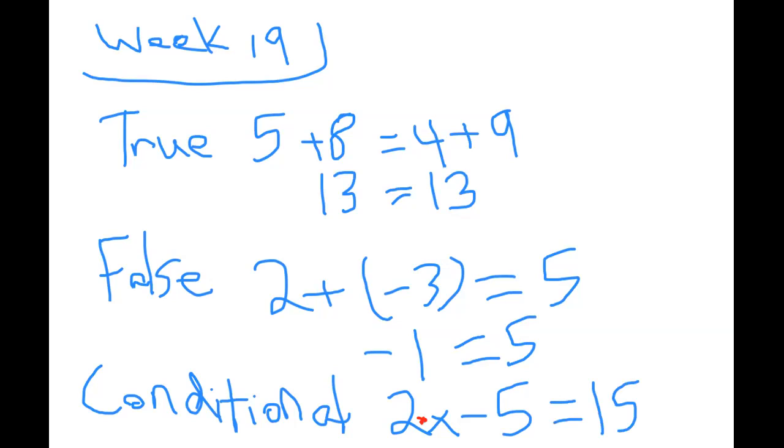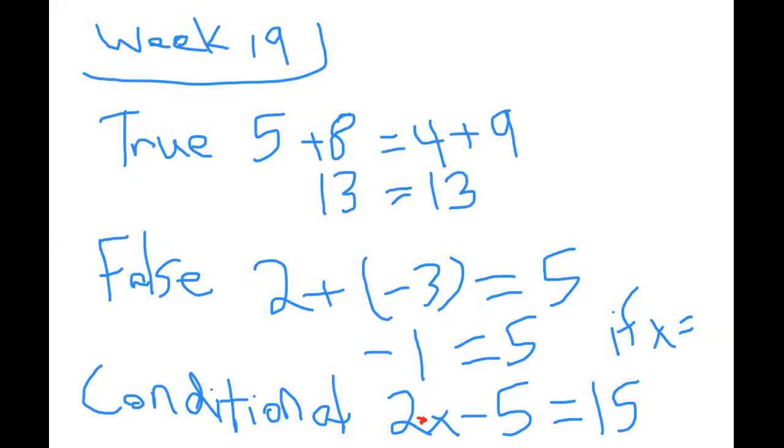then in order to figure out what that is, if x is equal to a certain value, you can probably see that if my x value was 10, then I'd have 2 times 10, and that would be 20.